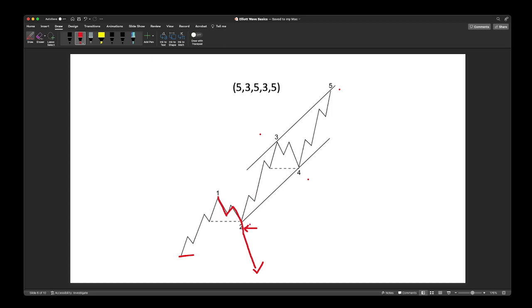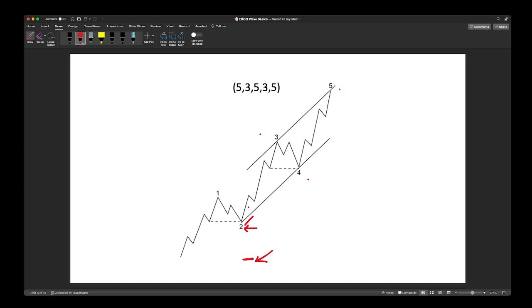Wave 2, this wave right here, can never fall below this price. It can go up to 99.9%, but it cannot do 100.1. That's the rule. It's a hard rule. If it does break this point here, then we'll see that it's not an impulsive wave. This is an impulsive wave. It goes with the trend.